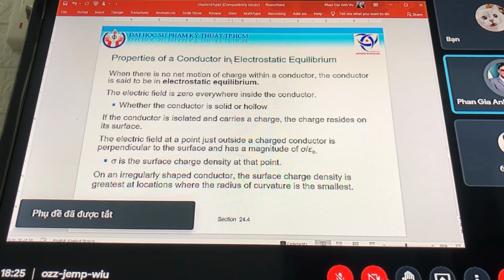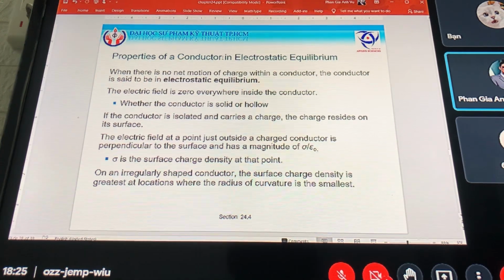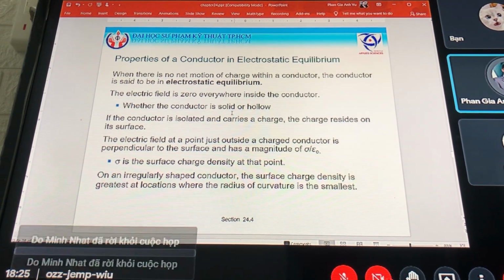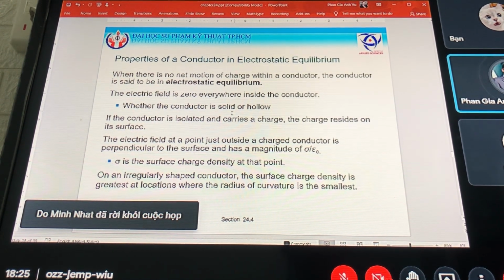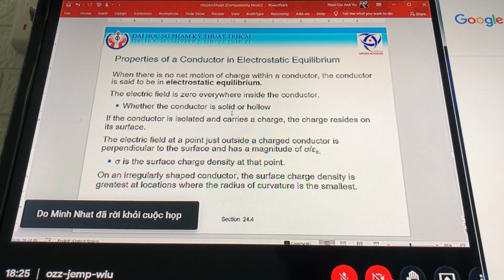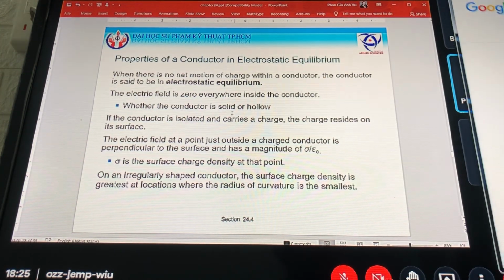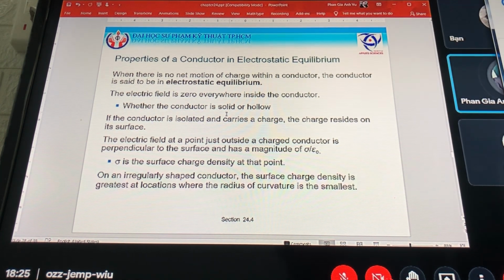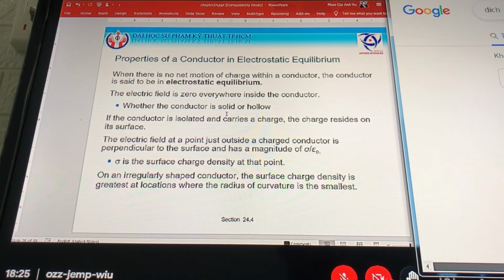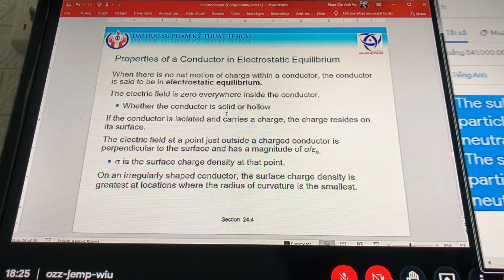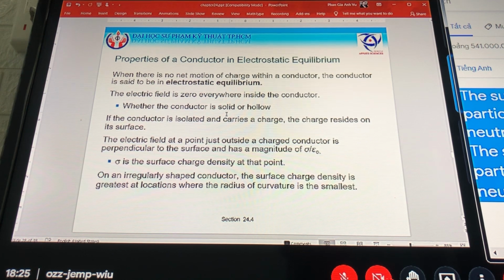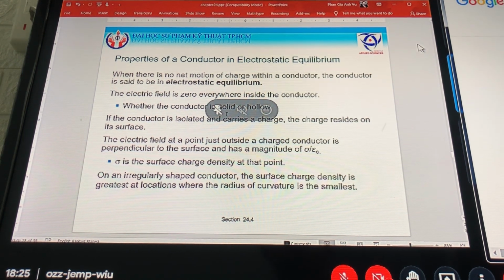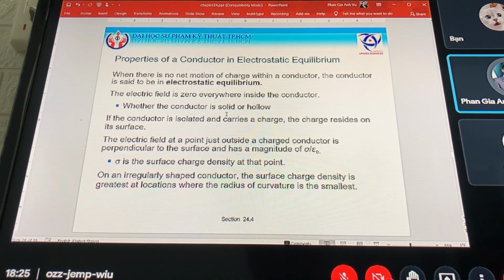All of the metal are conductor, right? For example, when you have a piece of iron, of copper, aluminum, and everything made from metal is a conductor. But maybe in some cases you take some salt and put the salt in water and you make a solution, so salt solution.